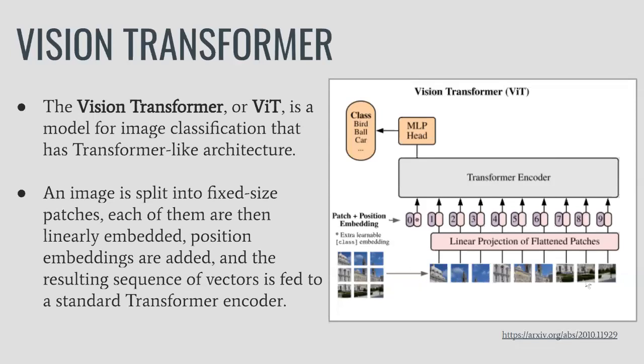Then patch and positional embeddings are added upon these tokens, and the resulting sequence of vectors is then fed into a standard transformer encoder. It is exactly what a normal transformer encoder would do. Now, in order to perform classification, the standard approach of adding an extra learnable parameter, also widely known as a classification token, is used.